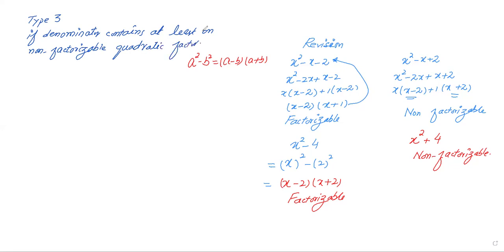So all those fractions in which the denominator has terms of x, and one factor is non-factorizable. What are the examples?